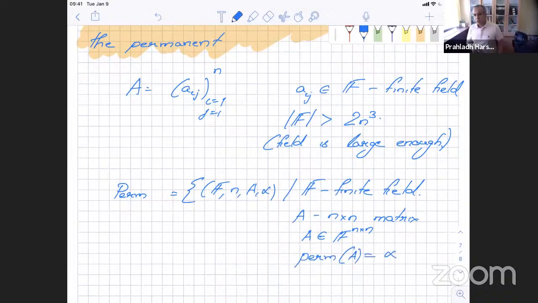That's the language. I want to find out if the permanent is this particular number or not. We'll give a protocol to compute this. Okay.